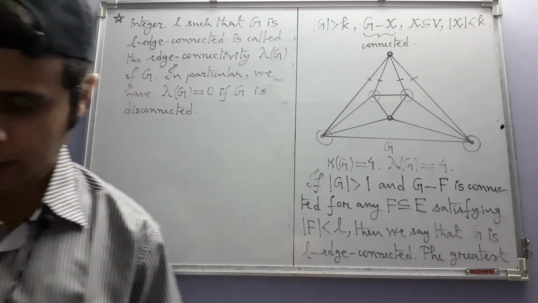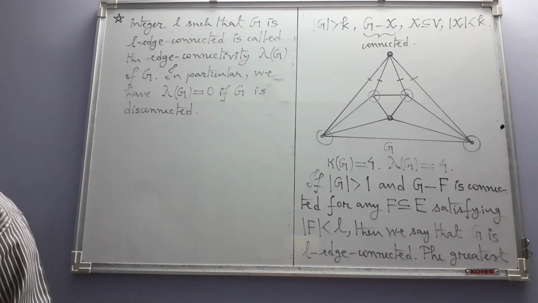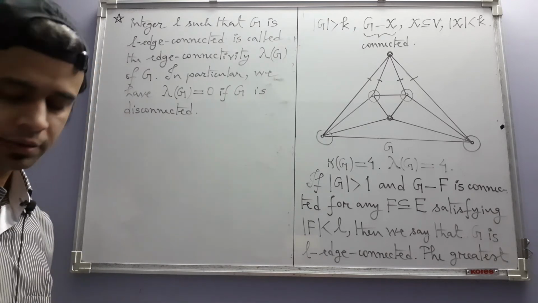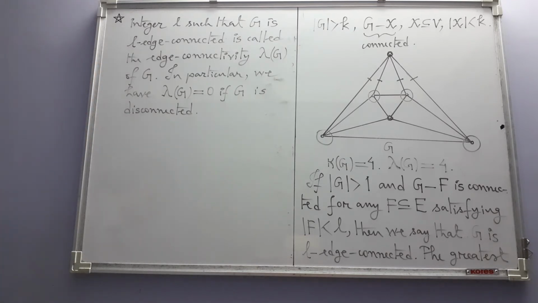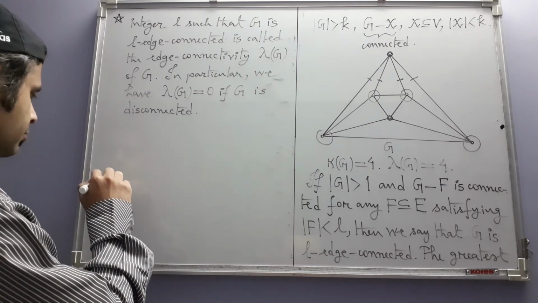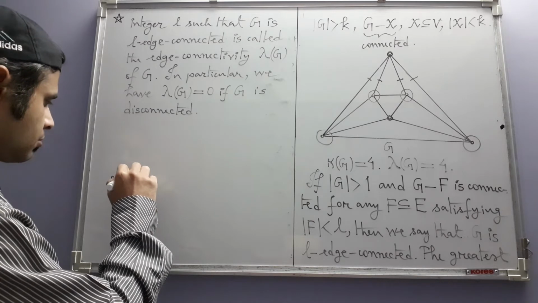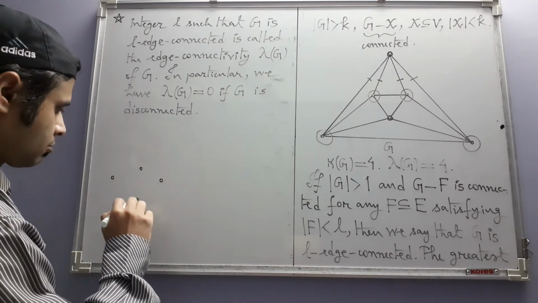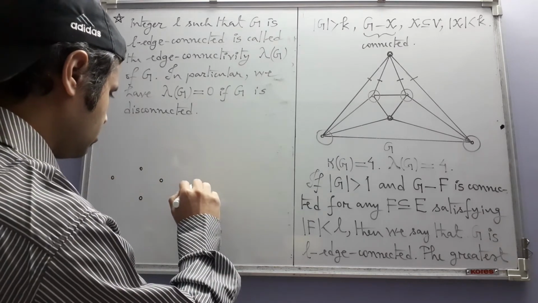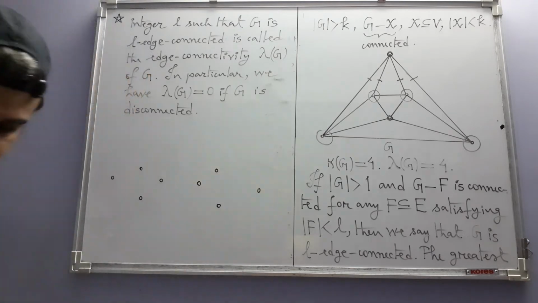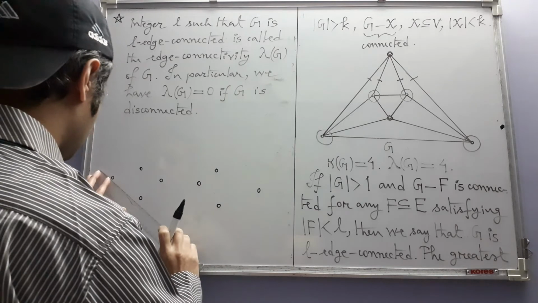And there is another graph where the vertex and edge connectivity are different. So that one is this.